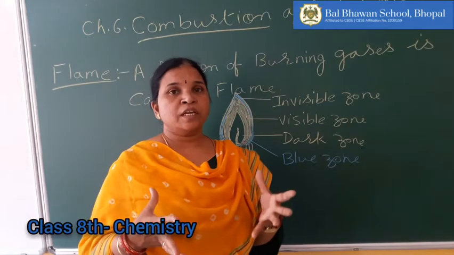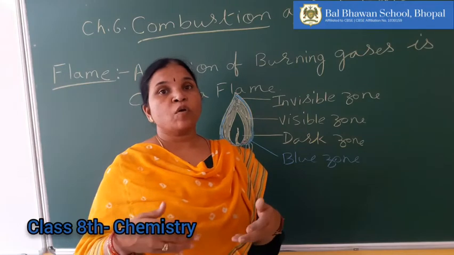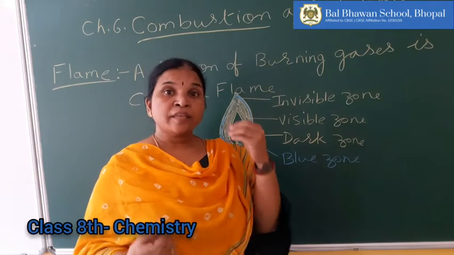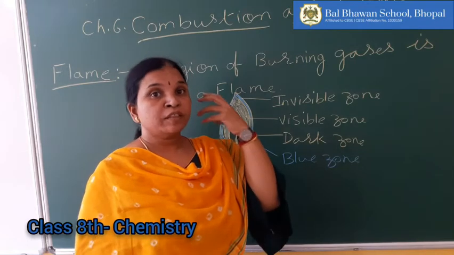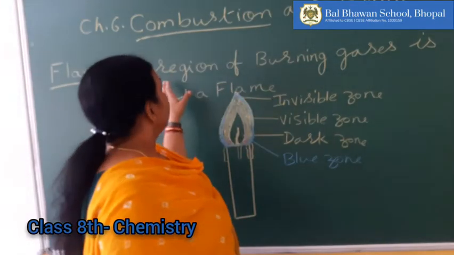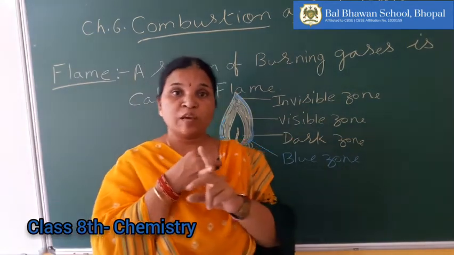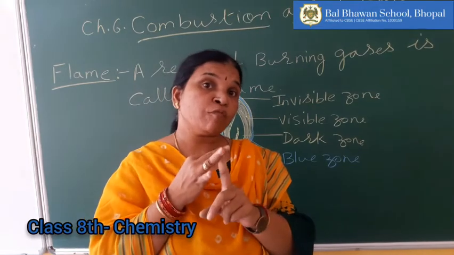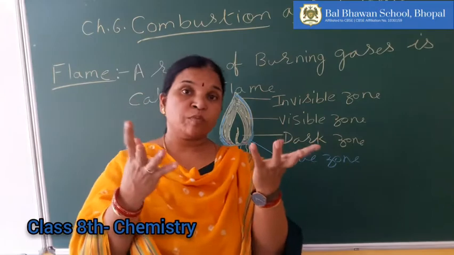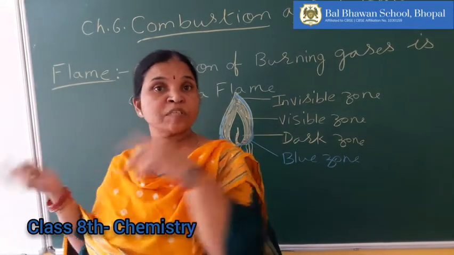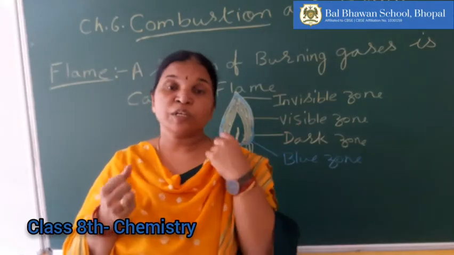When you heat any combustible substance, it either liquefies or vaporizes, and these vapors catch fire, and when these vapors are burning, that can be seen in terms of a flame. We have seen the flame of the candle, the flame of the lantern, the flame coming out from the Bunsen burner in the chemistry lab, and the flame of the LPG burner.